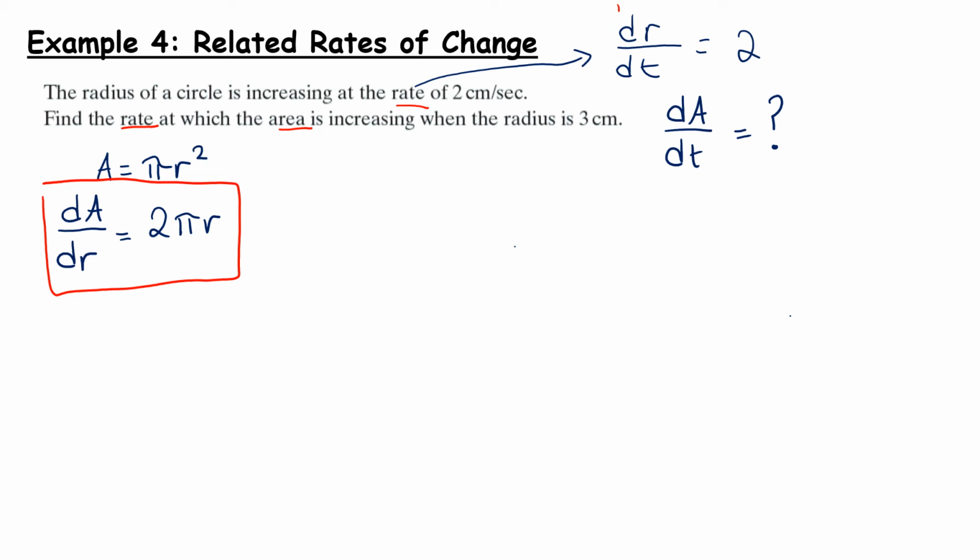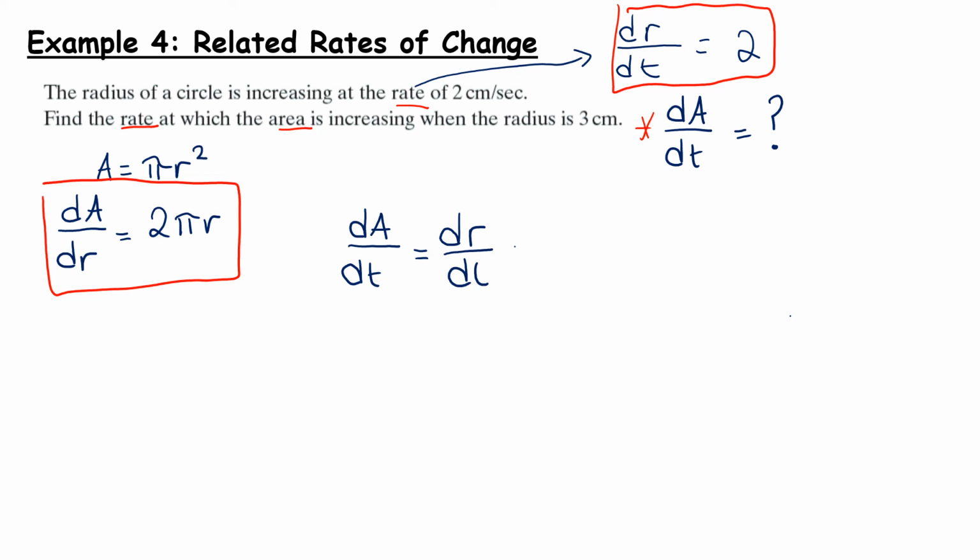I was given dr dt and I want dA dt. So let's start with what I want. What I want is dA dt. Then what I have is a dr dt. I now need to use something, which is something over something, to make this equation work.